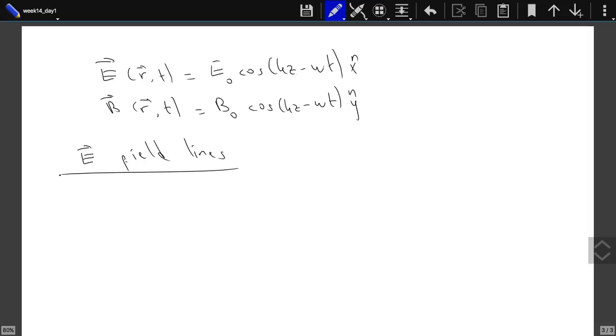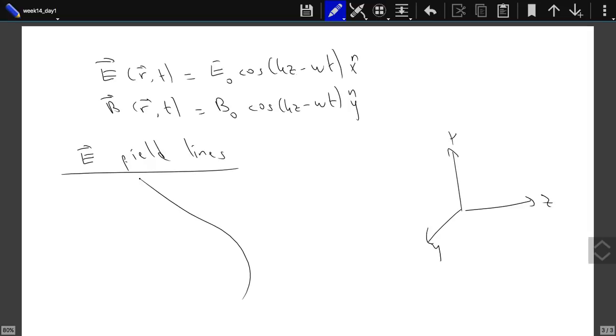So the electric field lines, remember, are always tangent to the electric field vectors. If the vectors are always pointing in the x direction, then a line that is tangent to these vectors is, for example, let's say this is x, this is y, this is z.